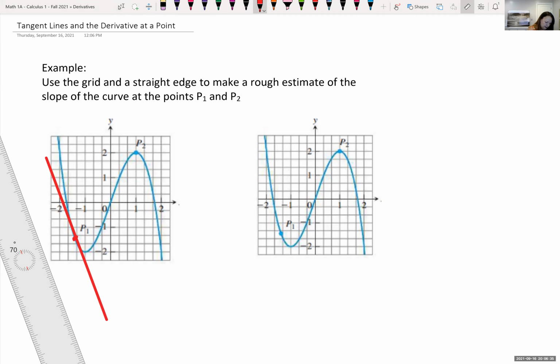So right here, that was our point 1. And we want to find the slope of that line. And so we want to choose 2 points on that line. Let's choose points that actually are at integers. That might even make our life easier.